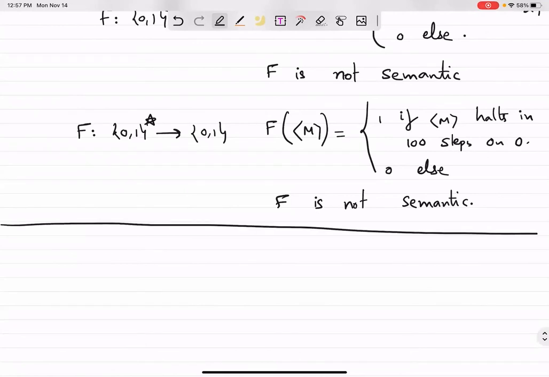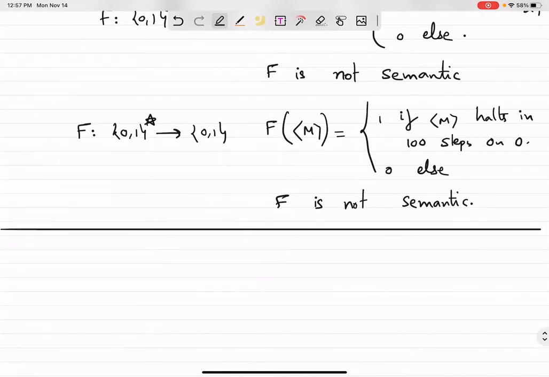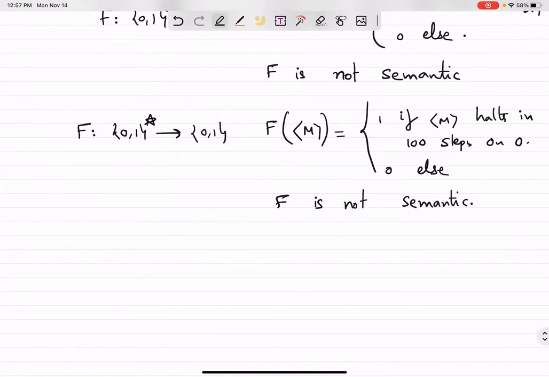And here's another somewhat trickier non-example. So recall the toddler function, right?